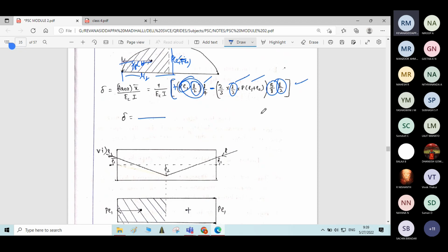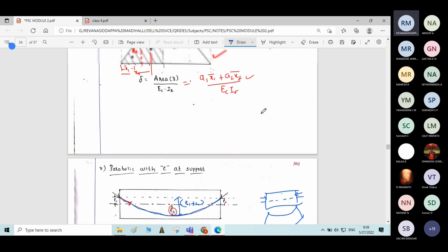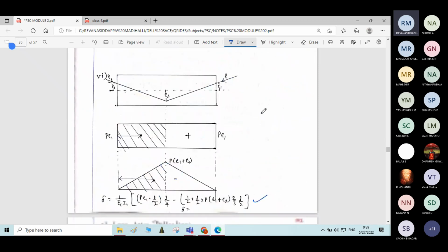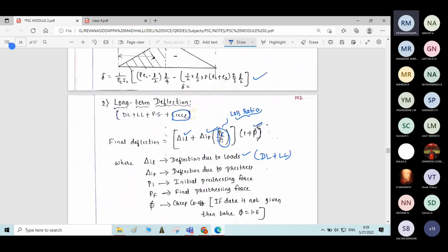Adding all together, you will get the short-term deflection, and using this formula, with the creep coefficient also given, you substitute all the values and get the long-term deflection. If you want, you can also find total deflection by adding the short-term deflection to the long-term deflection. This is how we follow the procedure while solving the numerical problems.